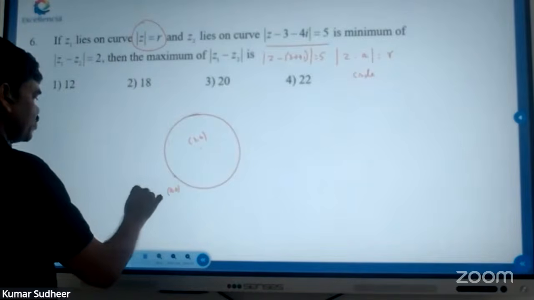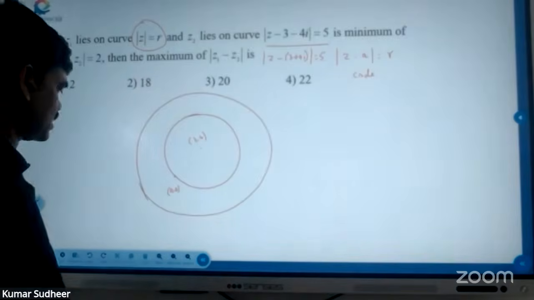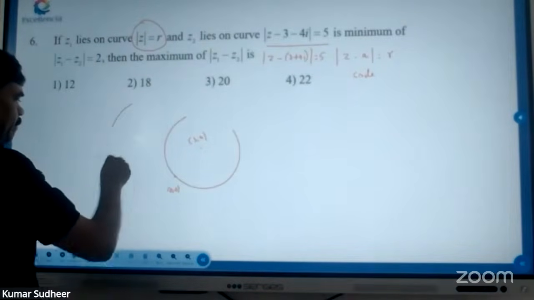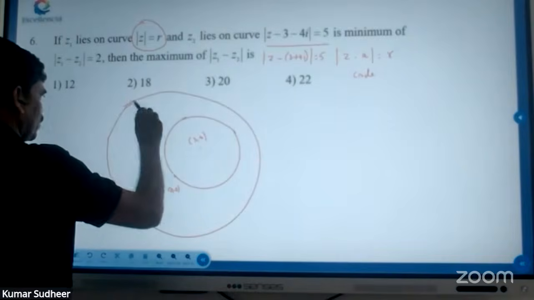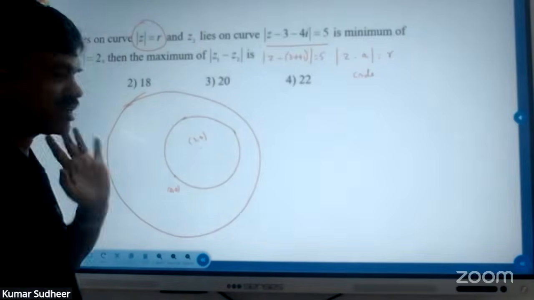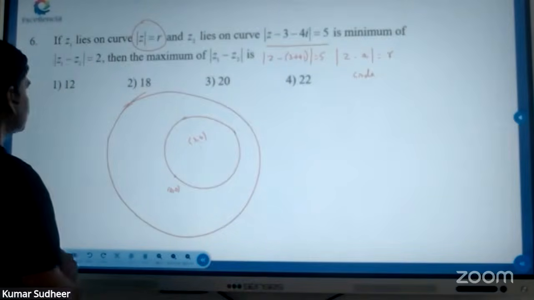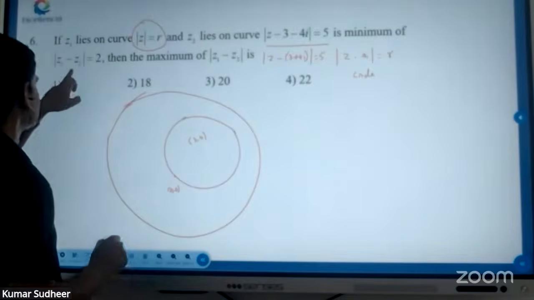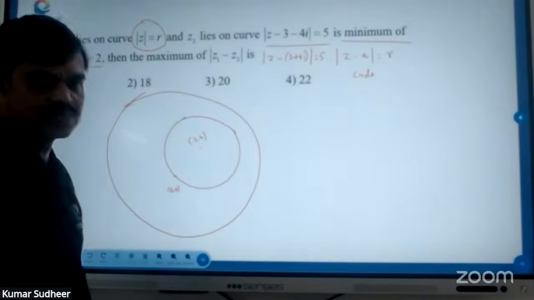Now draw the circle. This is the center of the circle. This is mod Z equal to R, and this circle is nothing but this. Now, what is given in the question? Z1 lies on this circle, Z2 lies on this one. Minimum of mod Z1 minus Z2 is equal to 2.